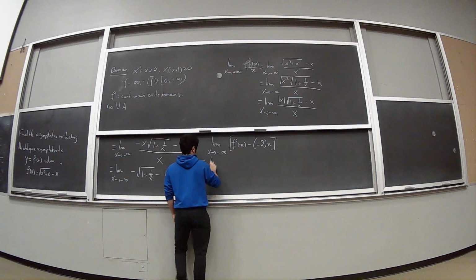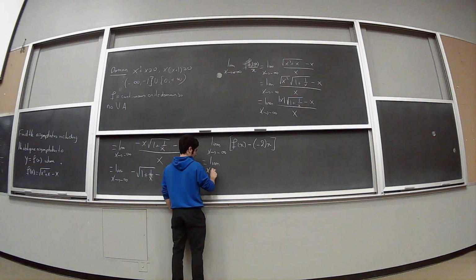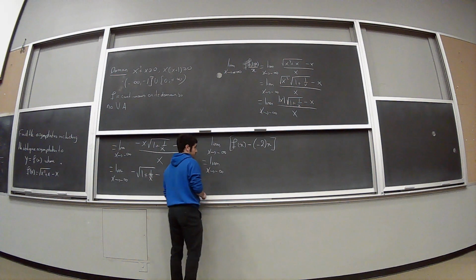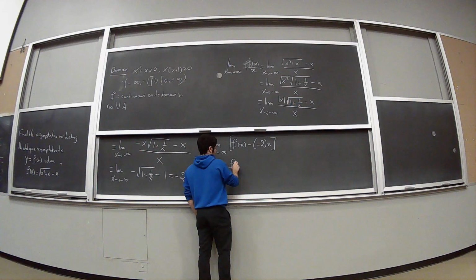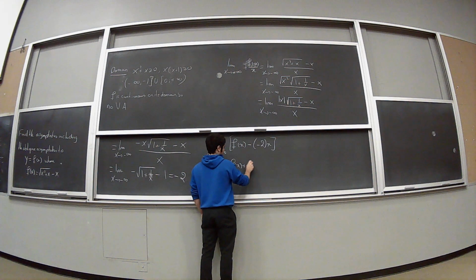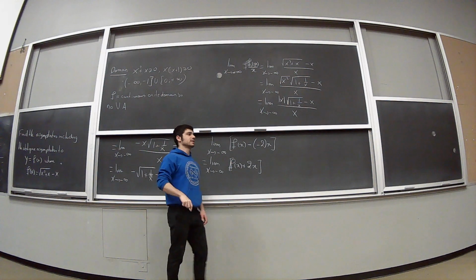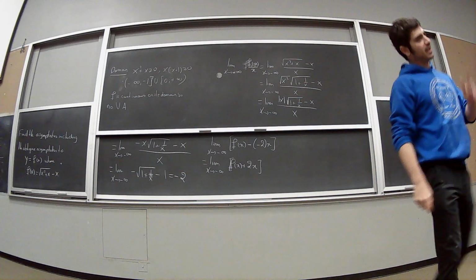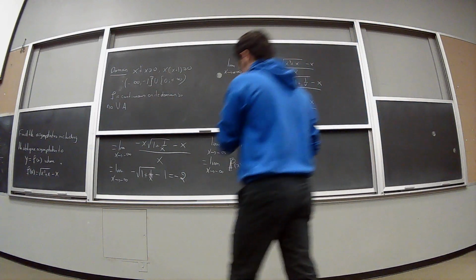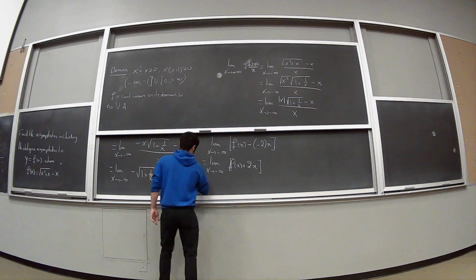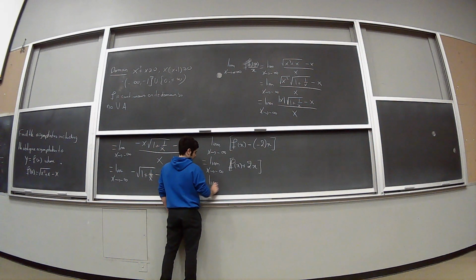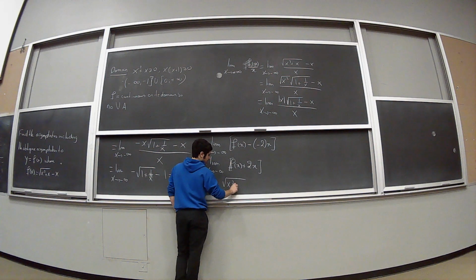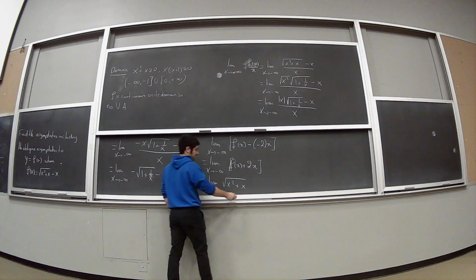This is just the limit as x goes to minus infinity of f of x plus 2x. What is f of x plus 2x? The square root of x squared plus x, minus x, plus 2x.